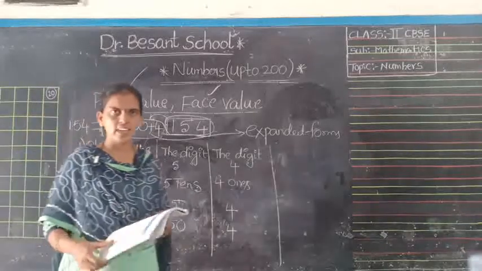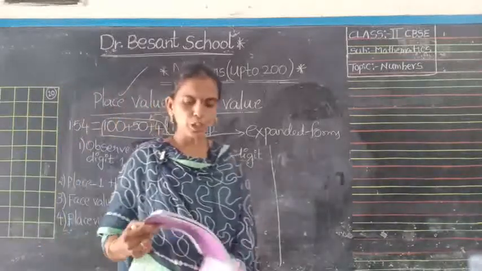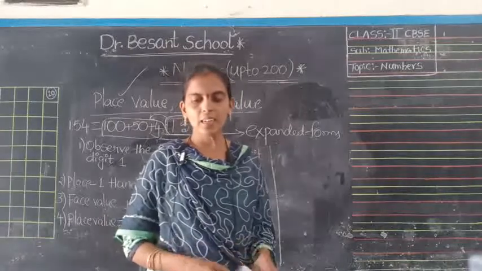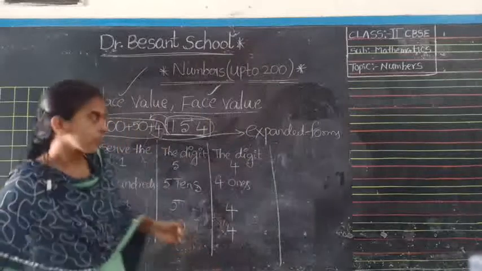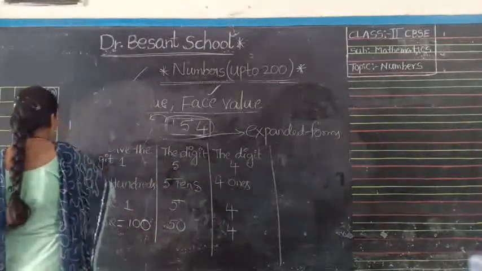Okay children, in the next class we will continue. So what you need is to write the number names. I told you in the last class, right? A homework part I want to give you.